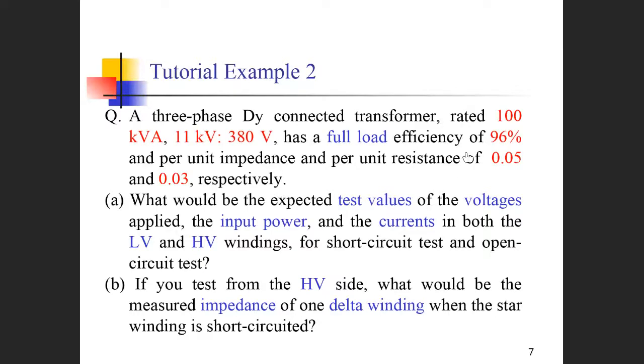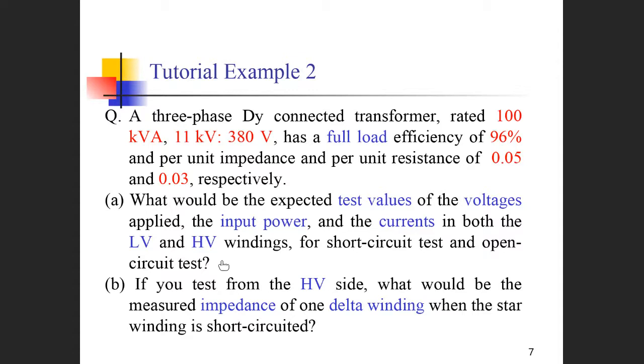So these are the per unit values given. So if you are going to do the short circuit test and open circuit test, how to do it, and what are the possible readings of the open circuit test and short circuit test.